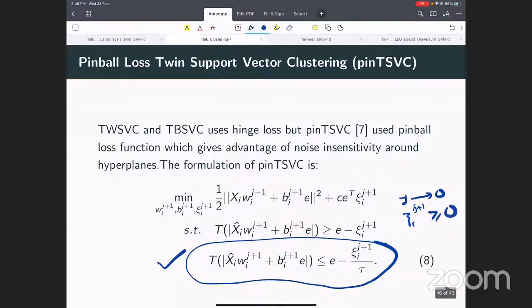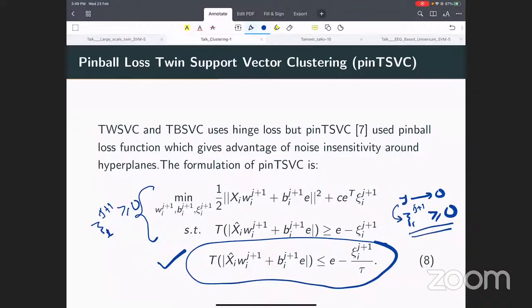Essentially, when tau goes towards 0, it will degenerate to the original twin SVM clustering problem. In the original twin support vector clustering problem, this is the same, and the extra is this xi_{i,j+1} greater than or equal to 0. When tau goes towards 0, it is coming.